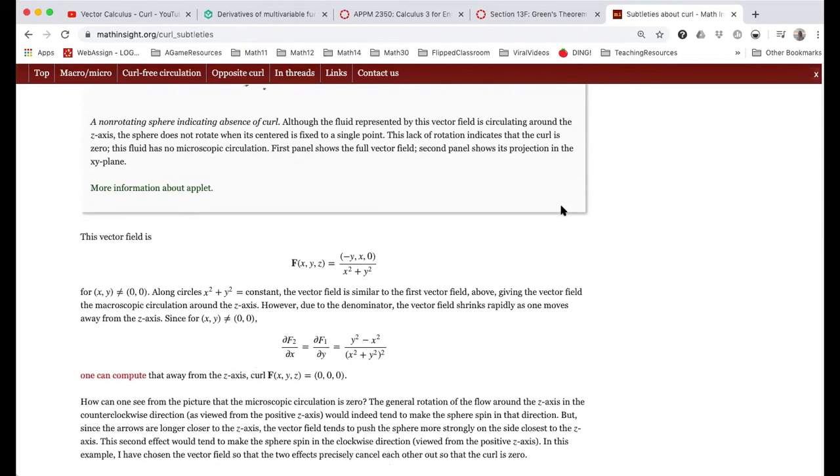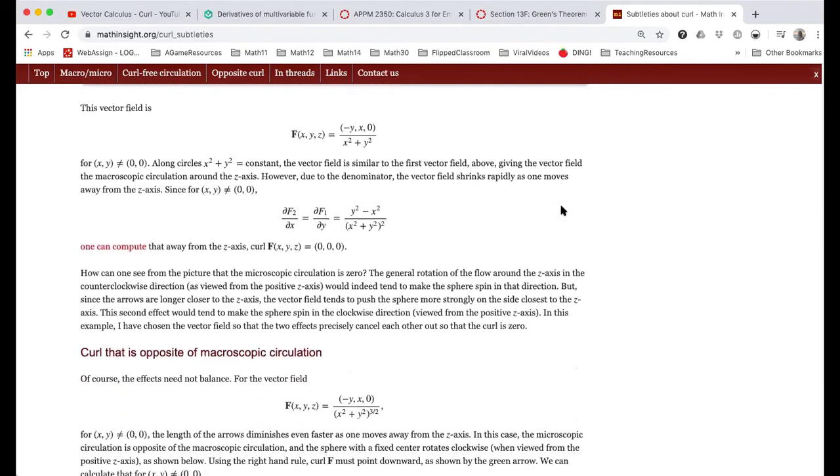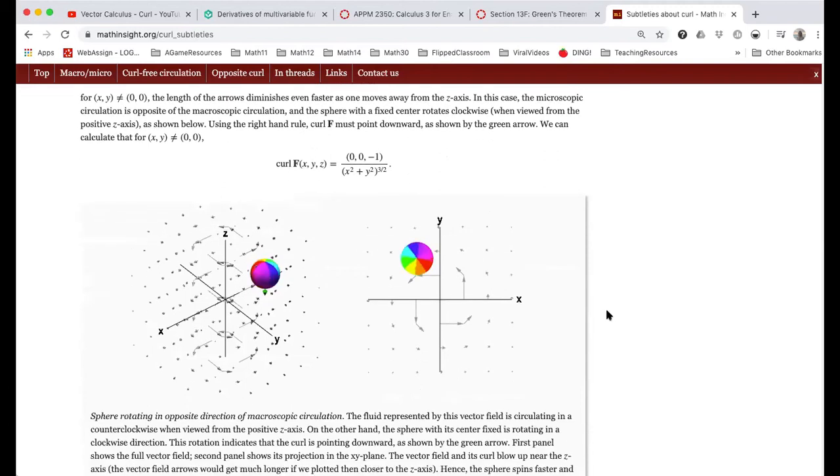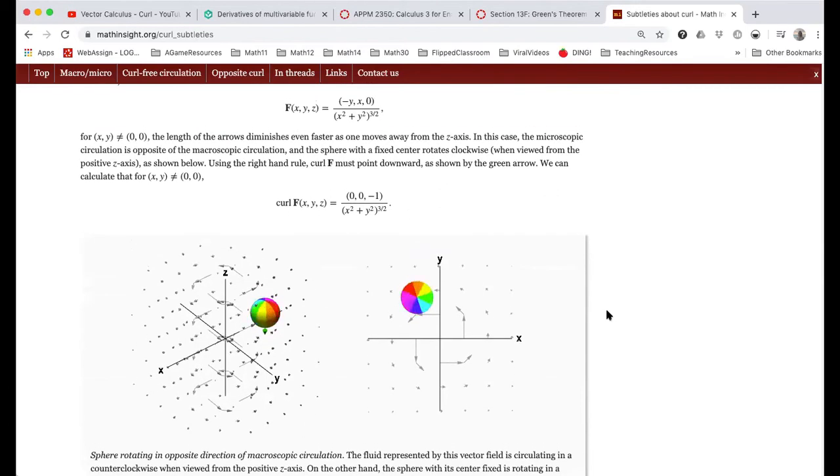Let me show you a couple other ones. Here's another one that breaks down. Again, it's not defined at the origin, and that's what's going to cause some of this. It's going to be a hint to us that we're going to have an issue. Here it looks like macroscopically, if we let this stuff go, it would definitely rotate counterclockwise. But actually, when I pin it down, I'm getting clockwise rotation.